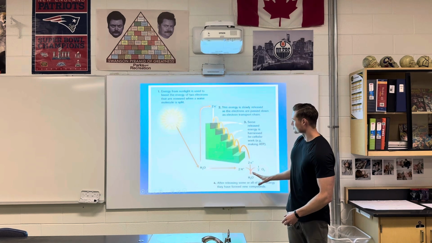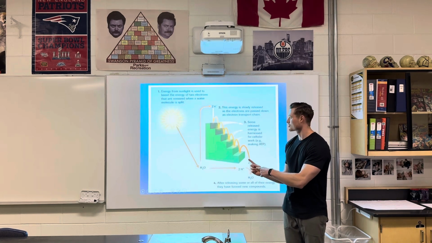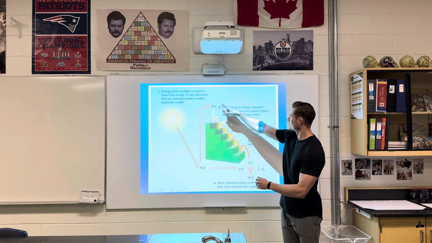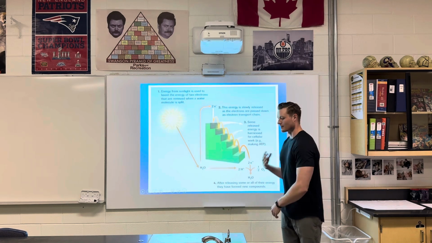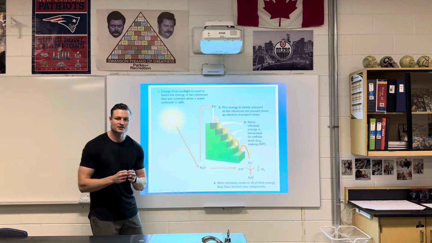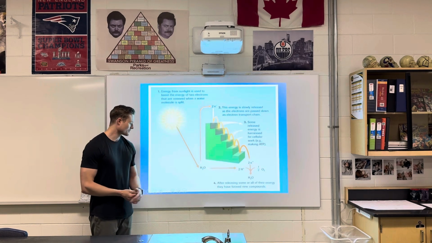Once the electron is gone, we need to replenish the missing electron. So we take another water molecule, split it, get more electrons, and the hydrogen and oxygen move over here. The oxygen finds another oxygen, they bind together to make O2, and there you go. That's where oxygen is created.